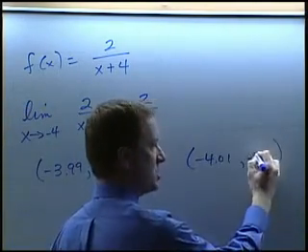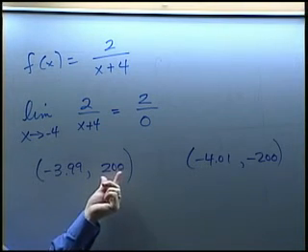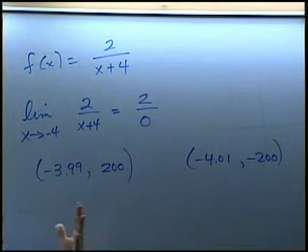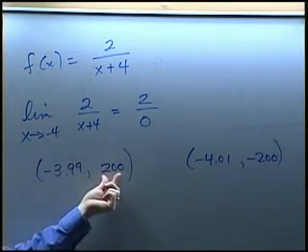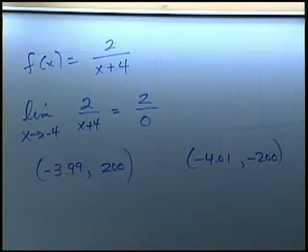I'll erase this and put the simplified value in. Now, what's different about this problem than the previous ones? Before, the left side and the right side were always approaching the same number. In this case, it's a little hard to tell what that number might be, because this one's at 200 and this one's at -200. So they're not very close to each other.